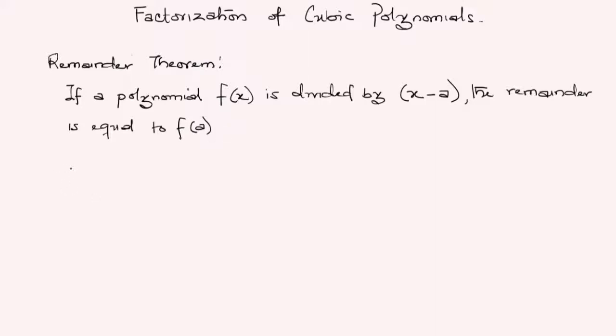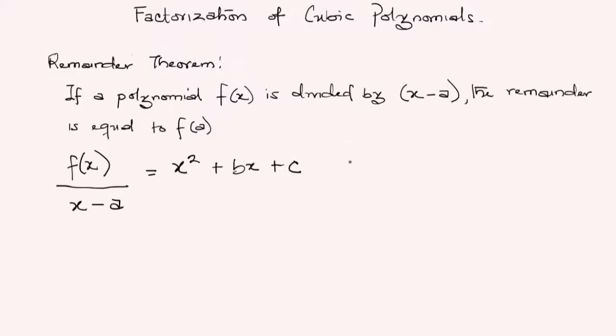What this theorem is simply saying is that if we have a polynomial f of x and we divide this polynomial by a binomial x minus a, now in this case, because we're dealing with a cubic polynomial, we're bound to have a solution which is in the quadratic polynomial form, x squared plus bx plus c.